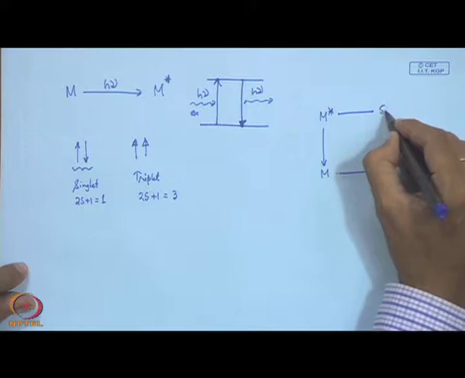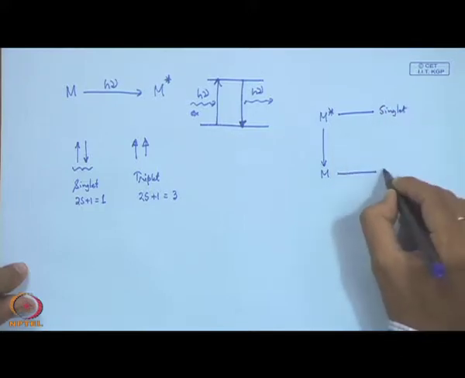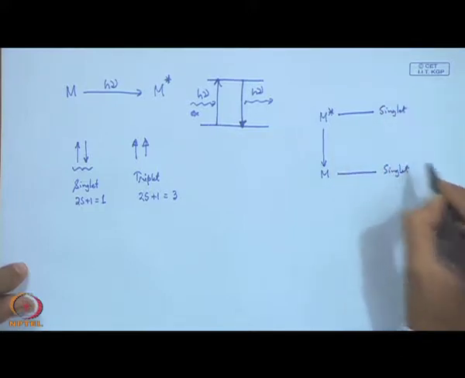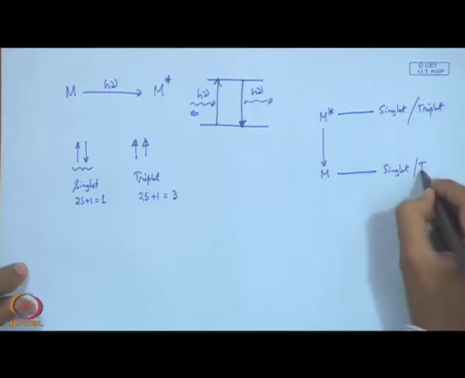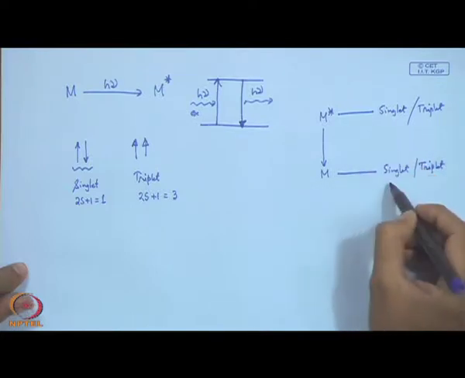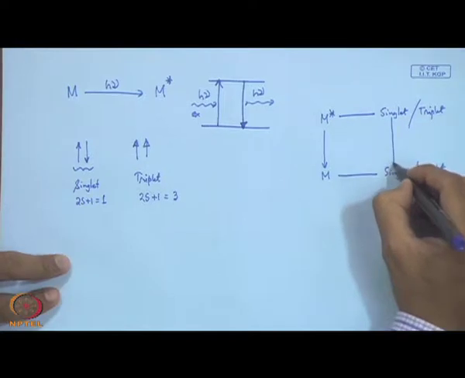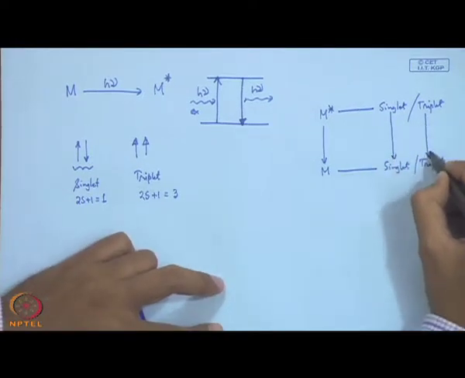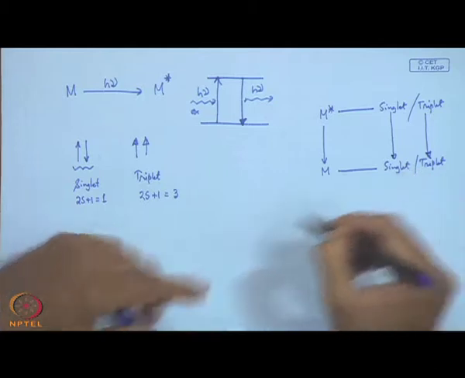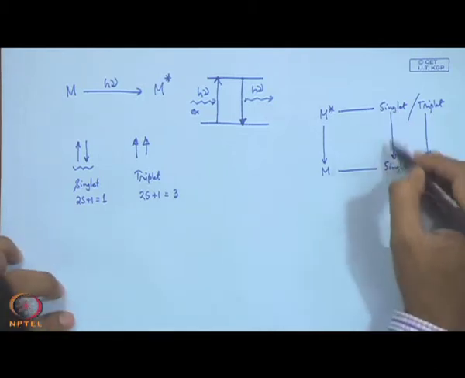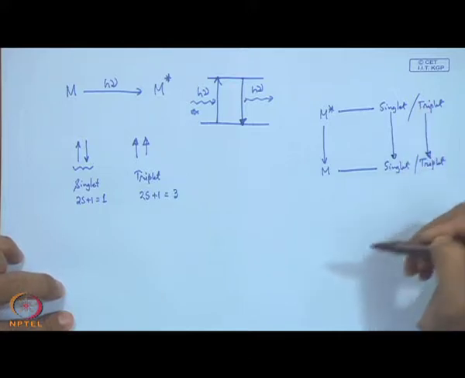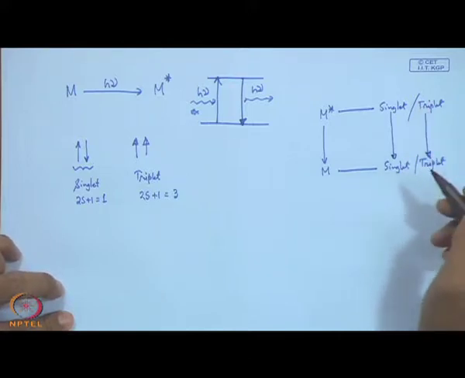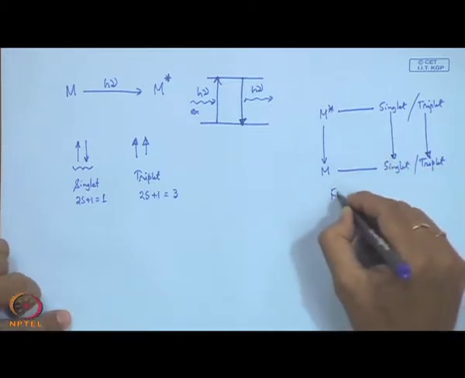If it is singlet to singlet, or maybe triplet to triplet, that means the initial state is singlet and the final state is singlet, or if it is a triplet to triplet transition, and during that singlet to singlet or triplet to triplet transition it gives rise to radiation, then this is called fluorescence.